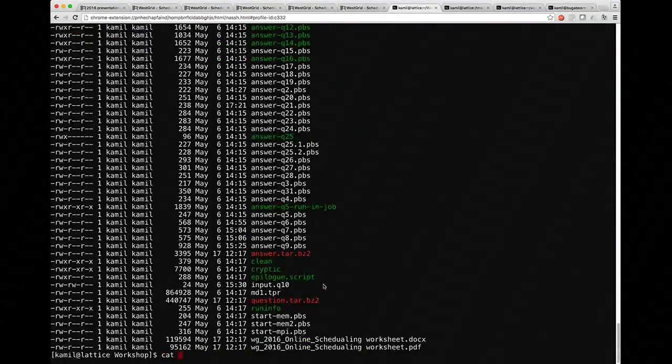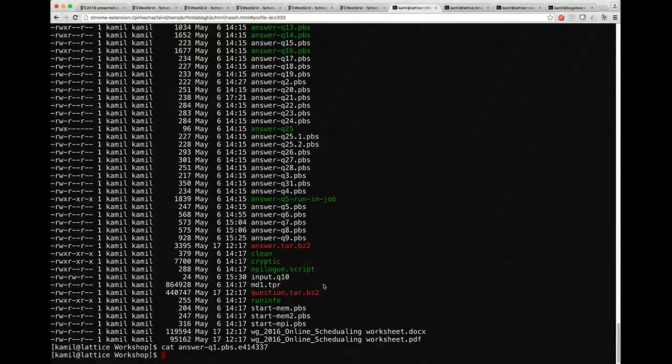So the last job ID was 414337, and it created a file called E with the job script name and then E414337. This is the file with all the errors in it, and there are none.